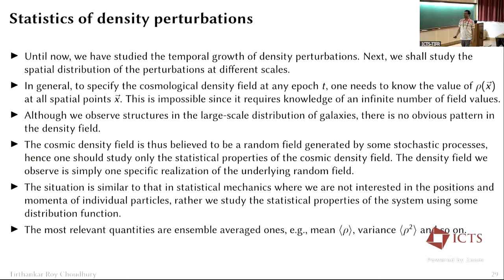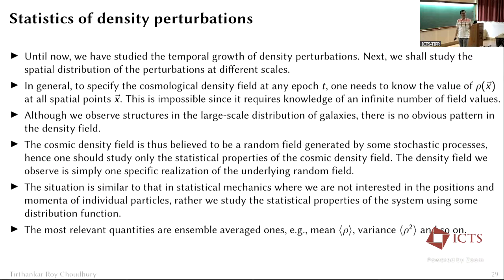So the situation is somewhat similar. In our case also, you will do some kind of ensemble averaging. This ensemble averaging is a slightly non-trivial thing, but you have to imagine that there are multiple realizations of the universe, and given these multiple realizations, you will calculate all these summary statistics. You can calculate the mean, the variance, and various other things which we will discuss.